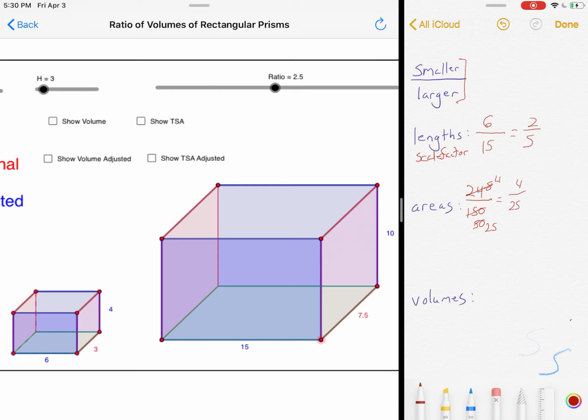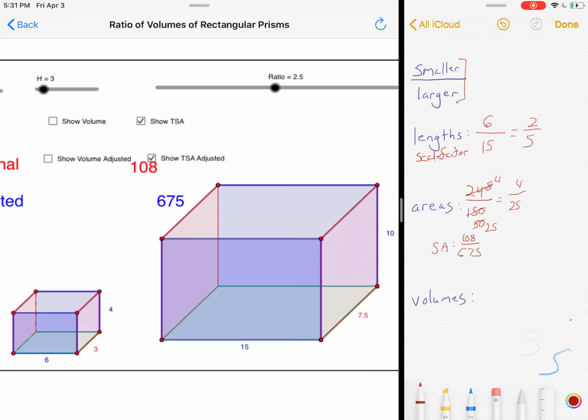We also have the ratio of the surface areas, which actually is shown to us here. So the surface area of the smaller one is 108 units squared. So still under area, but this is 108. And the surface area of the larger one is 675. Well, we want to reduce those also.